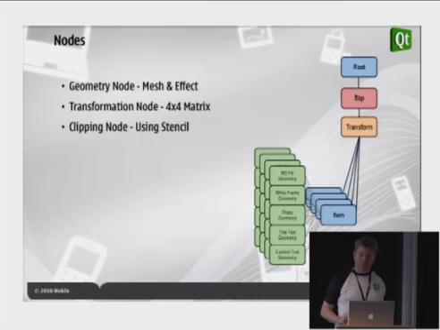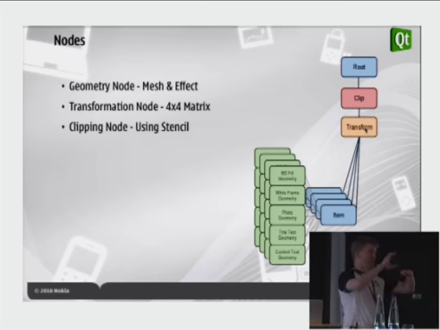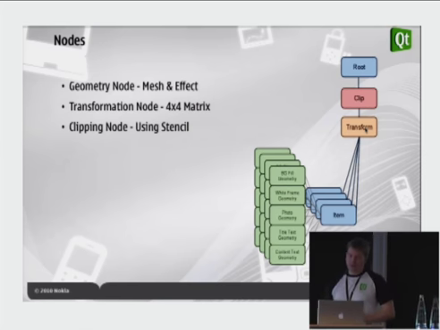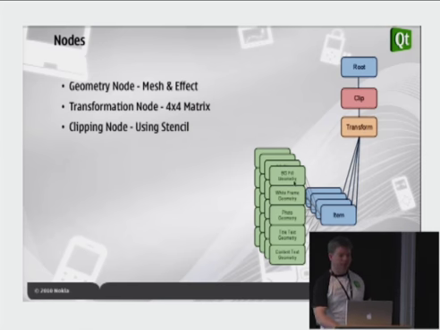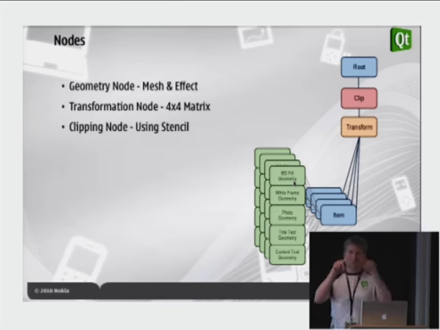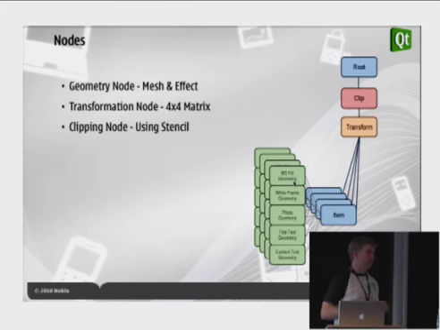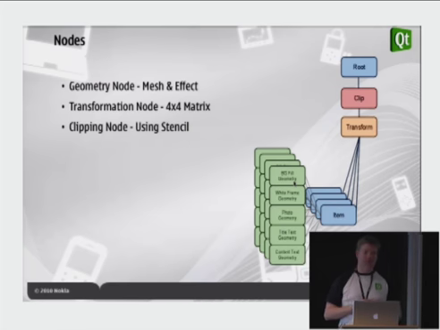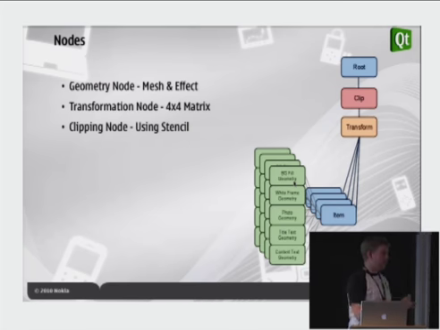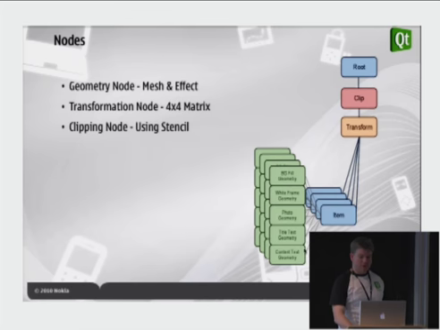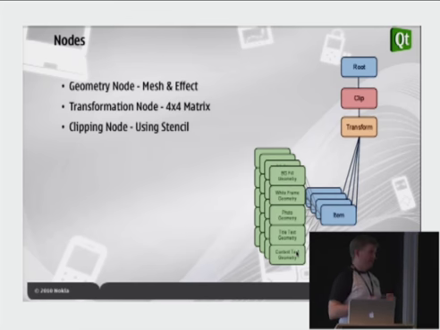There would be a transform describing the vertical offset of the list. And then for each item, there would be geometry nodes that would compose the various QML elements of that item, like the background fill, the white frame, the image, the title text, and the content text.